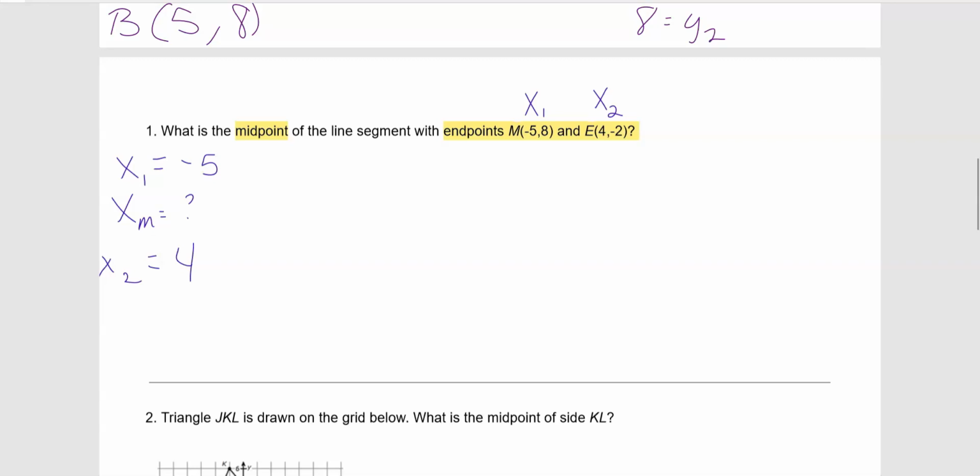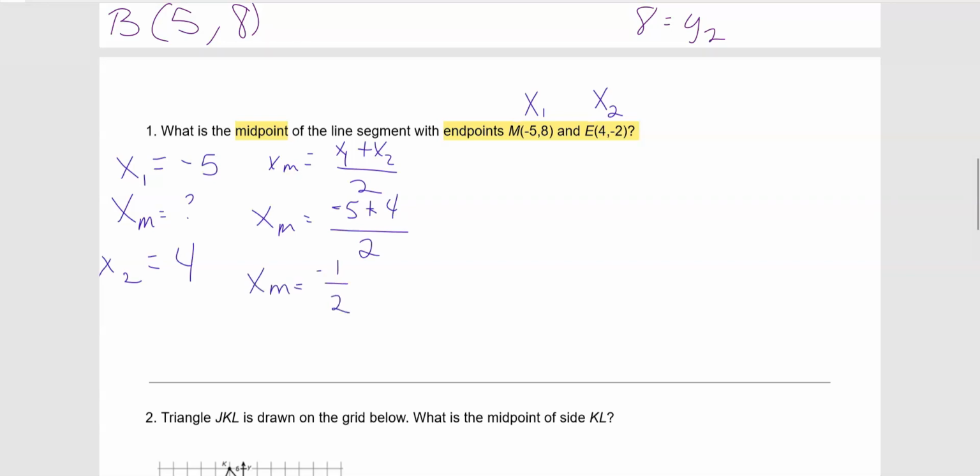All right, so we have x of the midpoint is equal to x1 plus x2 divided by 2. X of the midpoint is -5 plus 4 over 2. -5 plus 4 is -1 over 2.